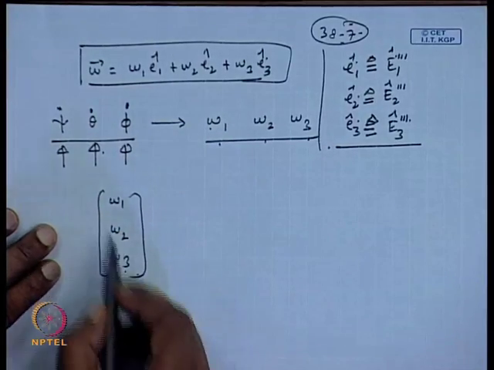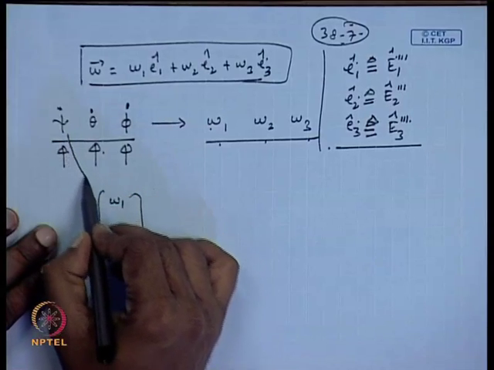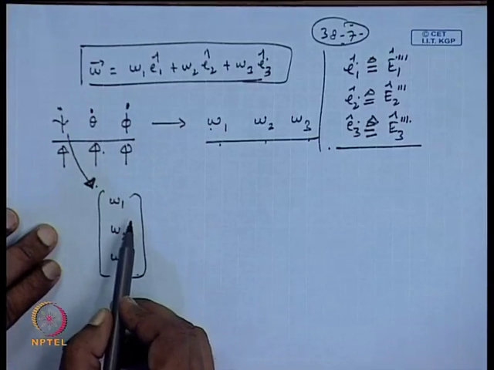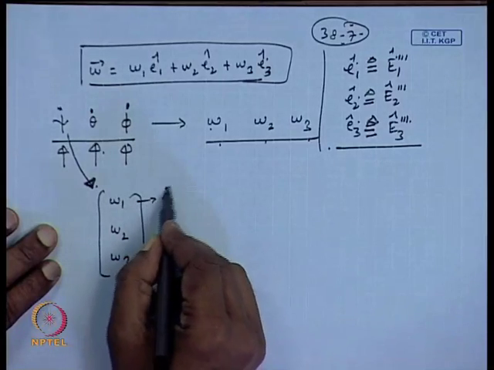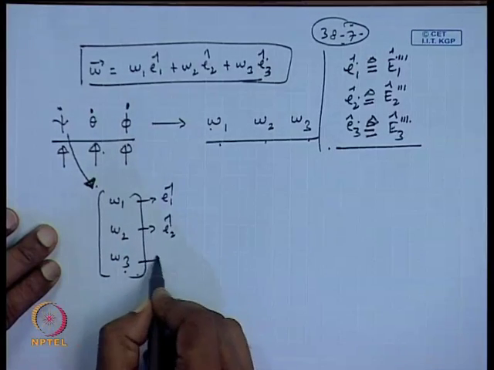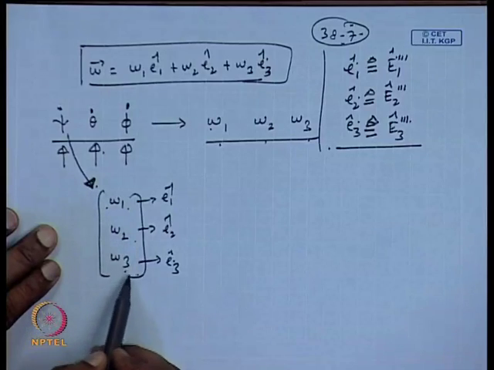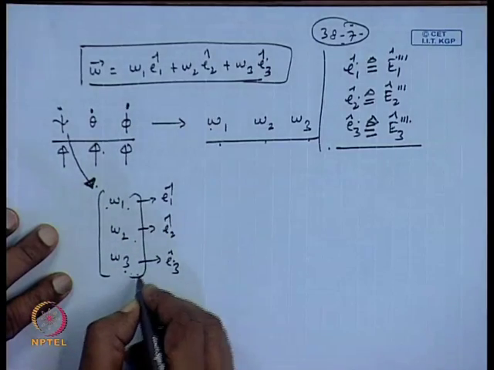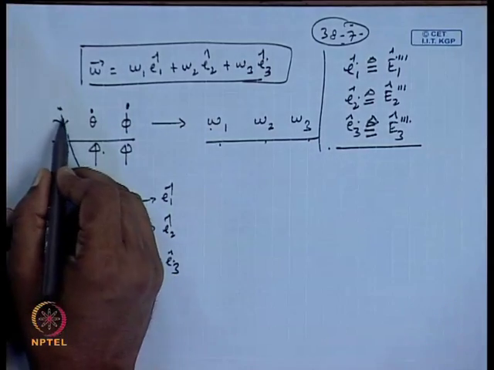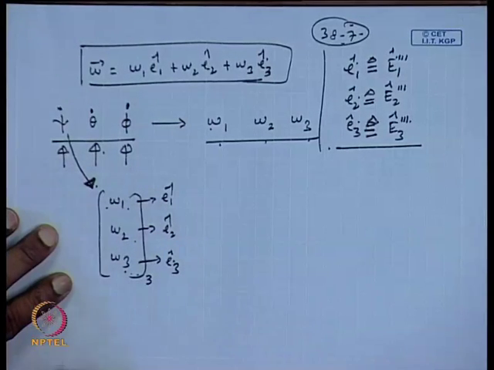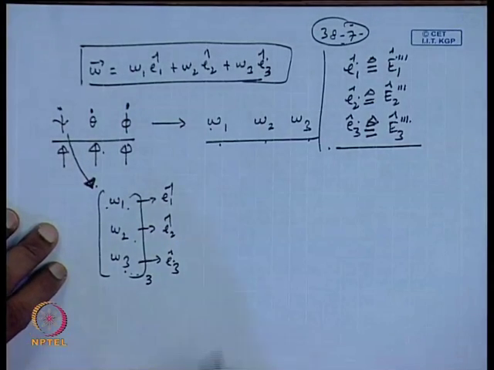We will have components once we decompose this. Okay, take the components along the E 1 cap direction, E 2 cap direction, E 3 cap direction. So, we will have the components omega 1, omega 2 and omega 3, and to indicate that this is due to the rotation psi about the E 3 axis, we will put here the subscript 3.